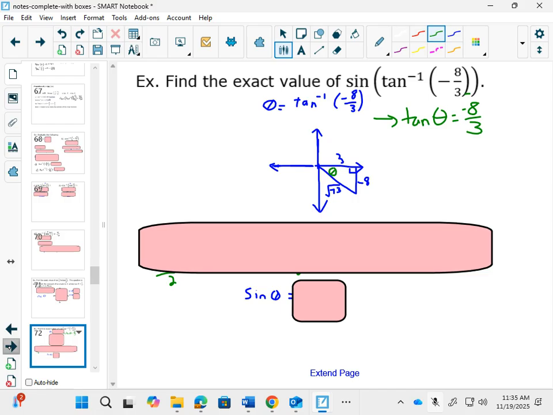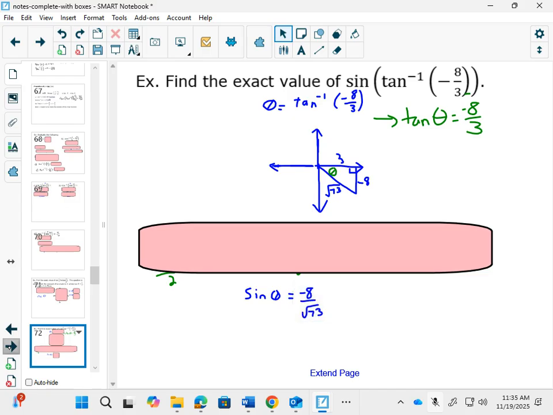Tan inverse solves for angles, which means you throw in ratios inside. So using the idea of an inverse, switching your x and y, we know that tan of theta is negative 8 over 3. We label that. And from this triangle, can you tell me what sine of theta is going to be?